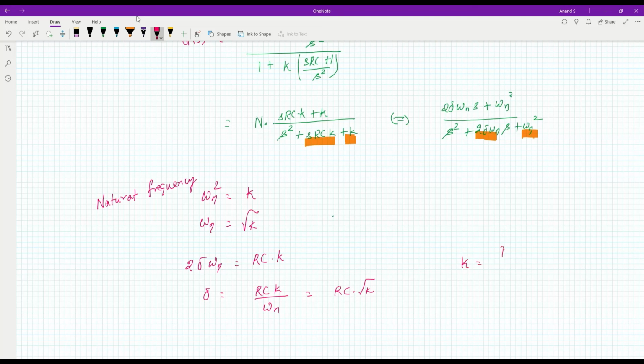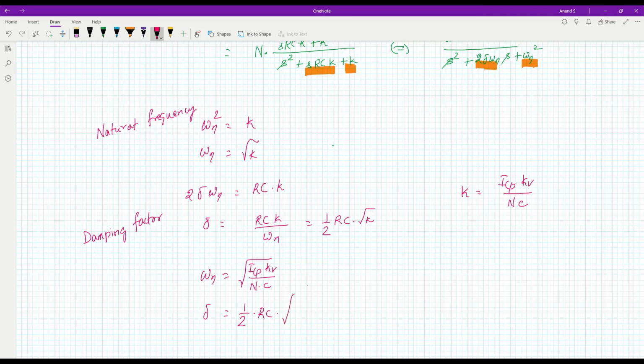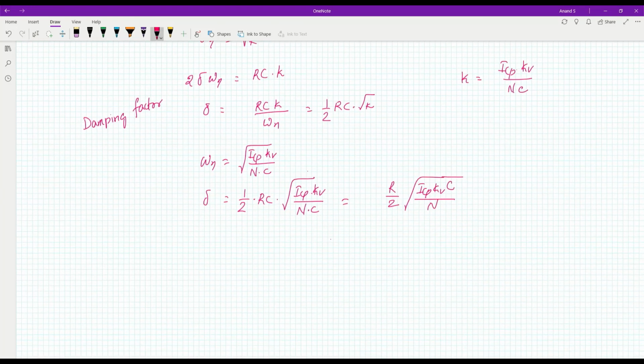So we know that K equal to ICP into Kvco divided by N times C. Replacing this, we will get omega n equal to square root of ICP Kvco over N times C, and the damping factor delta, which is given by 1 by 2 into RC into square root of ICP Kvco over NC, and we can rearrange and get R by 2 into square root of ICP Kvco into C divided by N. So these two are the important parameters of the PLL loop system.